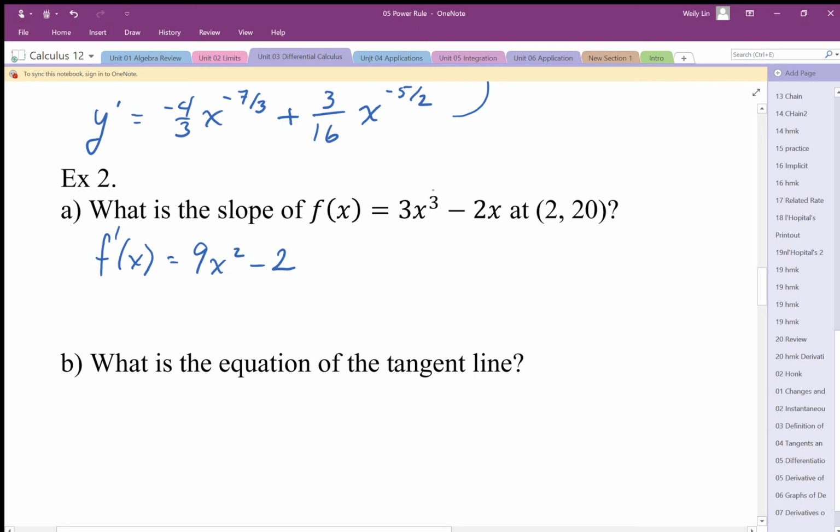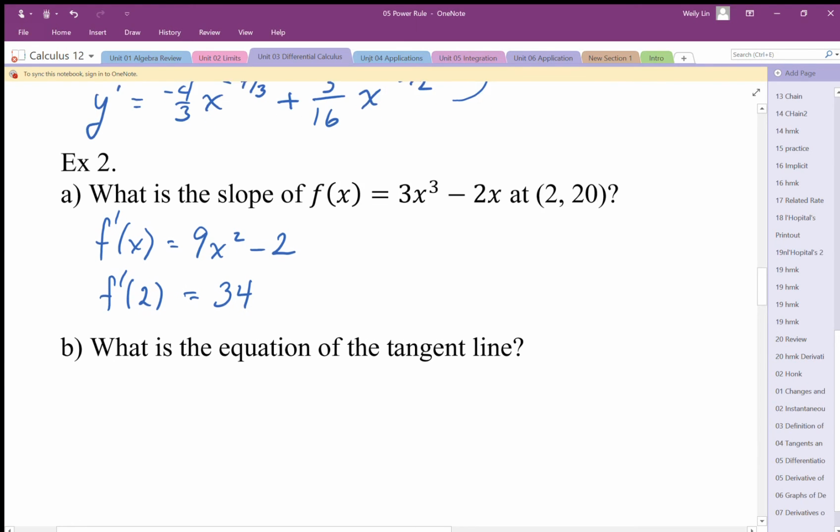I applied the power rule, so 3 times 3, reduce the power by 1. The slope on negative 2x is negative 2. I want to know the slope value at x equals 2. Remember, the input is x, the output is now my slope. So I end up with 2 squared times 9 is 36, minus 2 is 34.